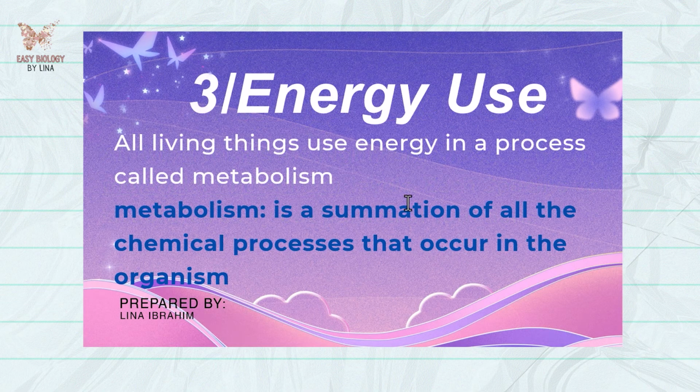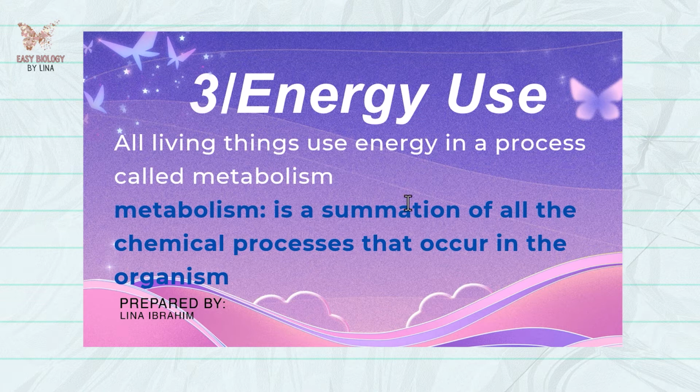The third main character of all living things is energy use. You all know, guys, that all living things need energy, and all living things use energy in a process named metabolism. What do you mean by metabolism? Metabolism is the summation of all the chemical reactions and chemical processes that occur inside the organism.